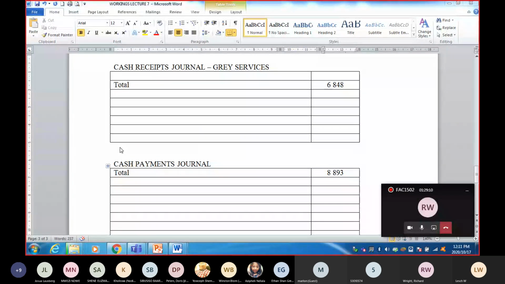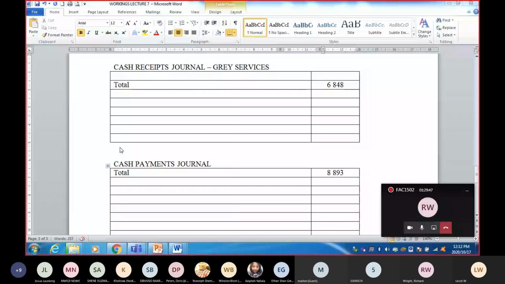Right, so I am now going to compare my cash receipts journal with my bank statement. If I compare my cash receipts journal, the first amount there of 982, it is there. The amount of 2,042 is there. The amount of 470 is on my bank statement, and the 2,202 Rand is on the bank statement.